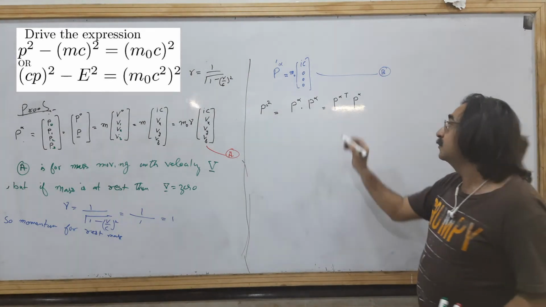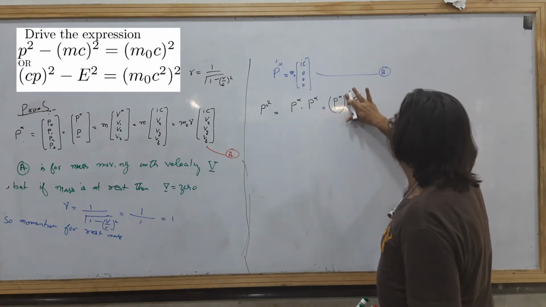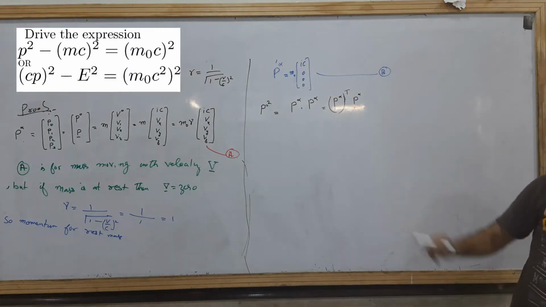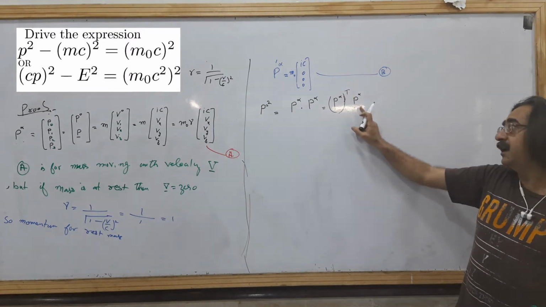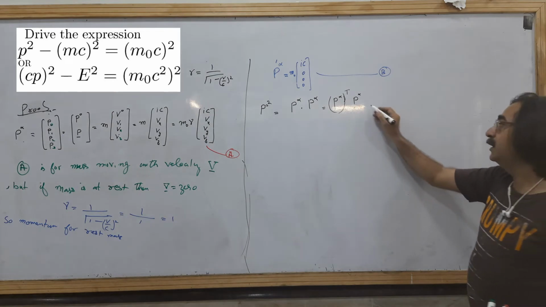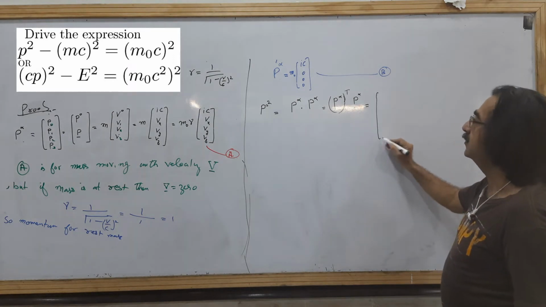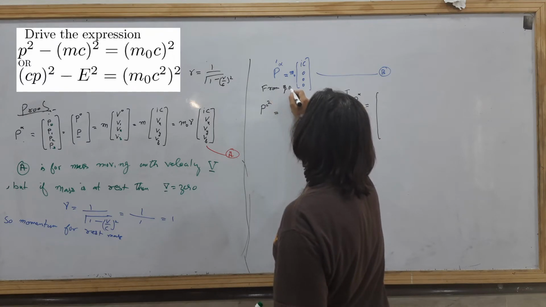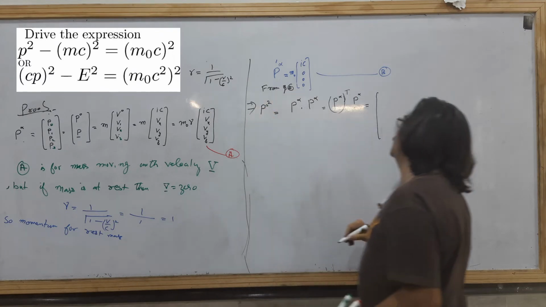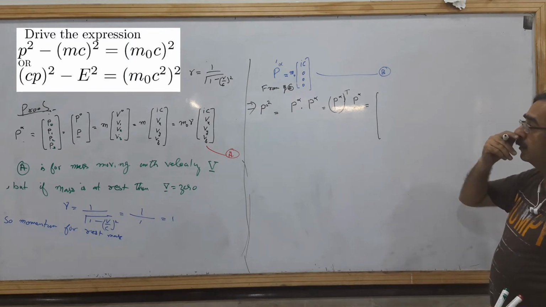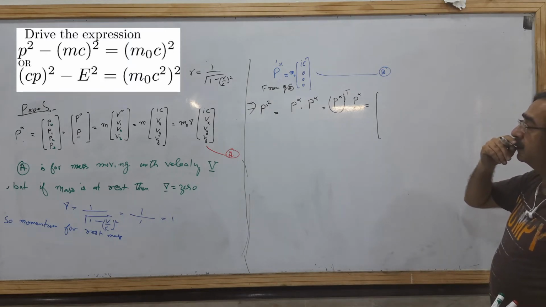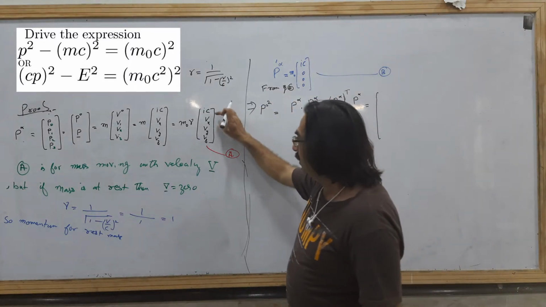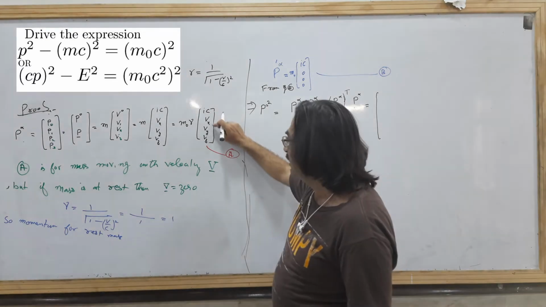If I want to be more clear so that it doesn't look like alpha and T are being multiplied, we will take the transpose of this and this will remain as it is. If I take the transpose of the first from equation A, then what will P alpha squared be equal to? I have already explained that this is a time component and these are the space components.